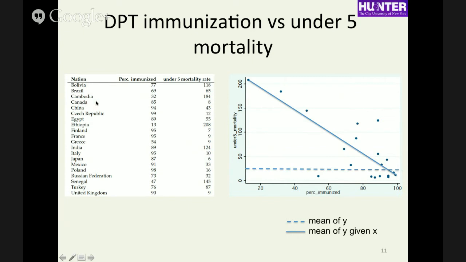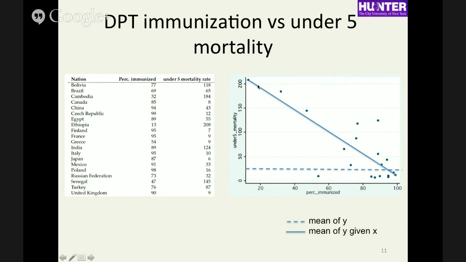We look at a wealthier country like Canada, you've got 85% immunized, China 94% immunized. And then you've got the under 5 mortality rate in Canada, only 8, or sorry, 8 per 100,000, I assume that is. And in China, 43 per 100,000.